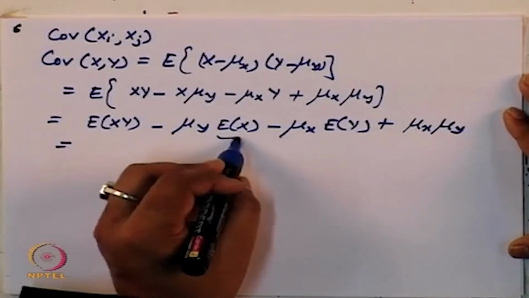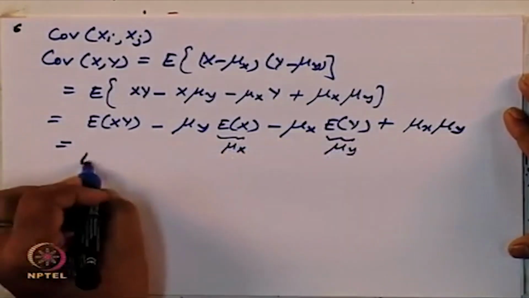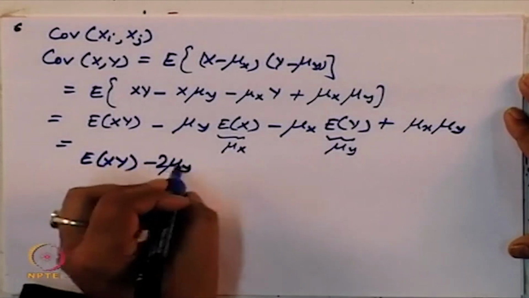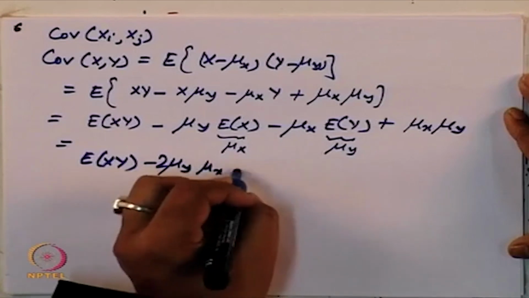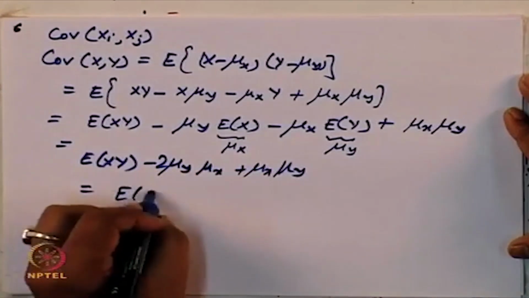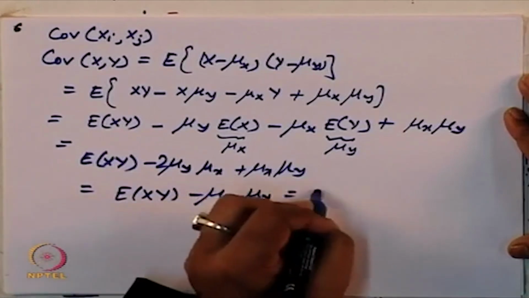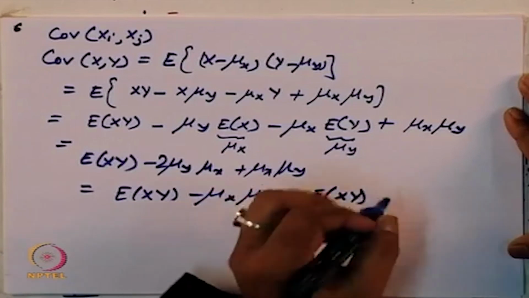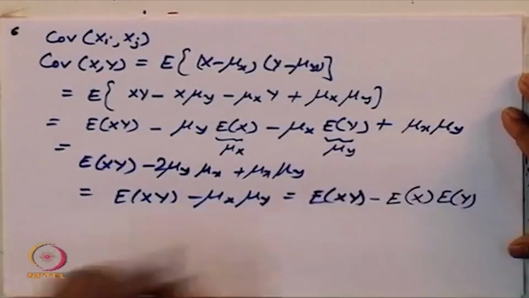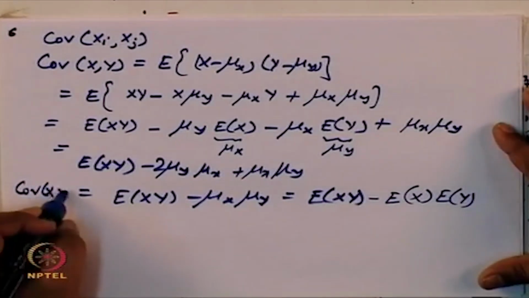E of x is mu x and E of y is mu y. So, this becomes E of x y minus 2 mu y mu x plus mu x mu y. Finally, you can write it as E of x y minus mu x into mu y, equal to E of x y minus E x into E of y. So, this is your definition of covariance of x comma y.